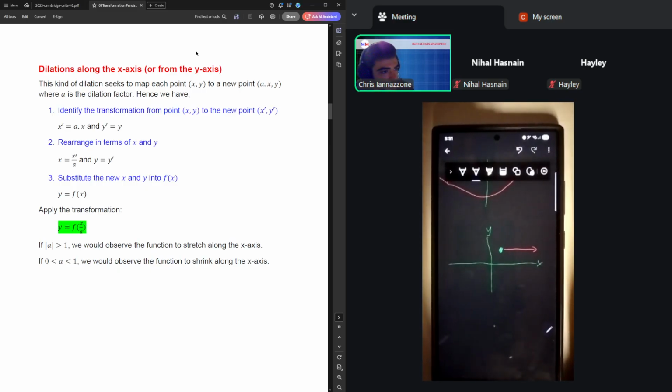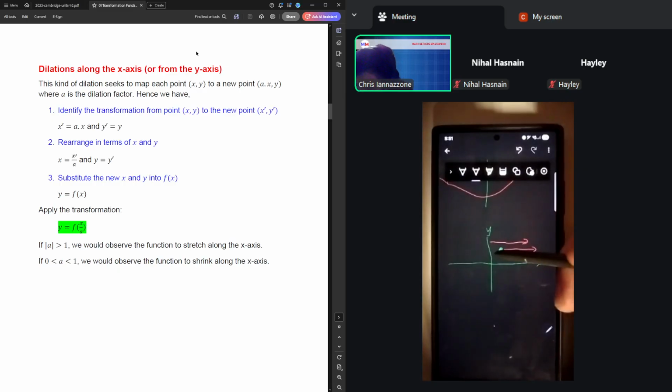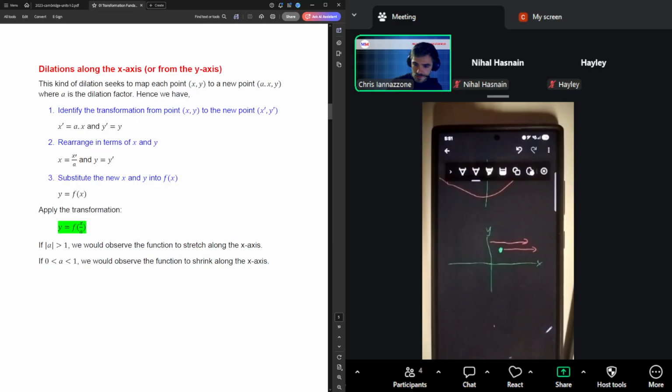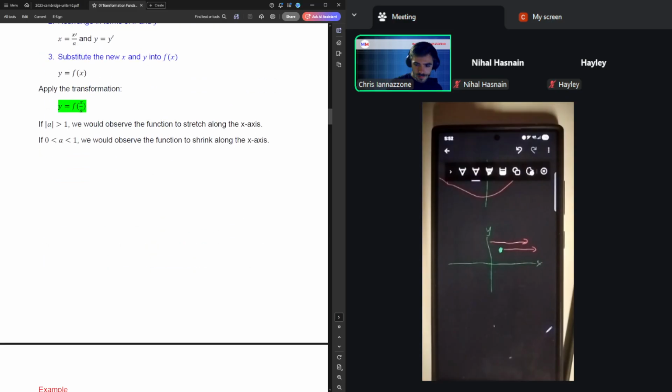Alternatively, if I saw it said from the y, I'd imagine, okay, well, here's my y-axis, and I want to go away from the y. So it's in the x direction. Because it's going in the x direction, I put my dilation factor on the x itself. Did that clarify what you needed?